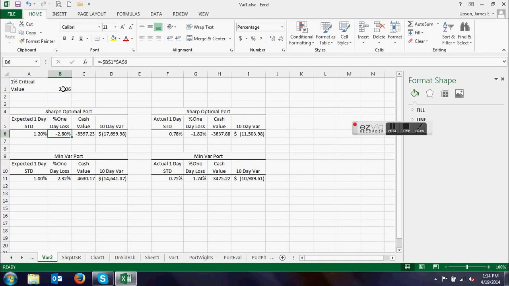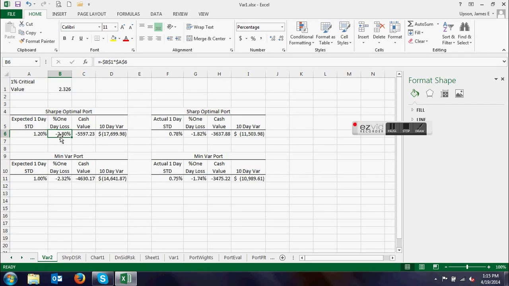And then the one-day loss is simply the 1% critical value, which is 2.326. So this is 2.326 standard deviations away from the average, which is going to give us our loss. Now, we're going to assume that the average return is in fact 0 per day. And on a daily basis, that's not too bad, because the daily returns are typically quite small.